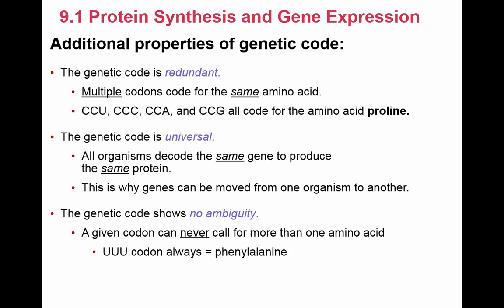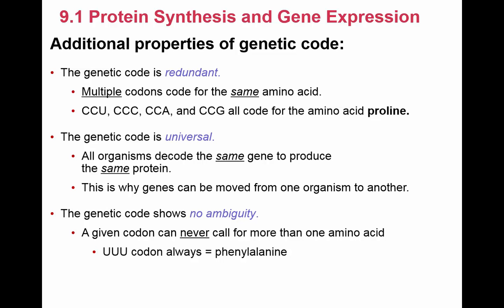The second property is that the genetic code is universal. All living things, all organisms, have a genetic code, and this genetic code produces proteins. The only difference is that our genetic codes are not exactly the same. We put things in different order to build different proteins, and that's what makes us all a little bit different.